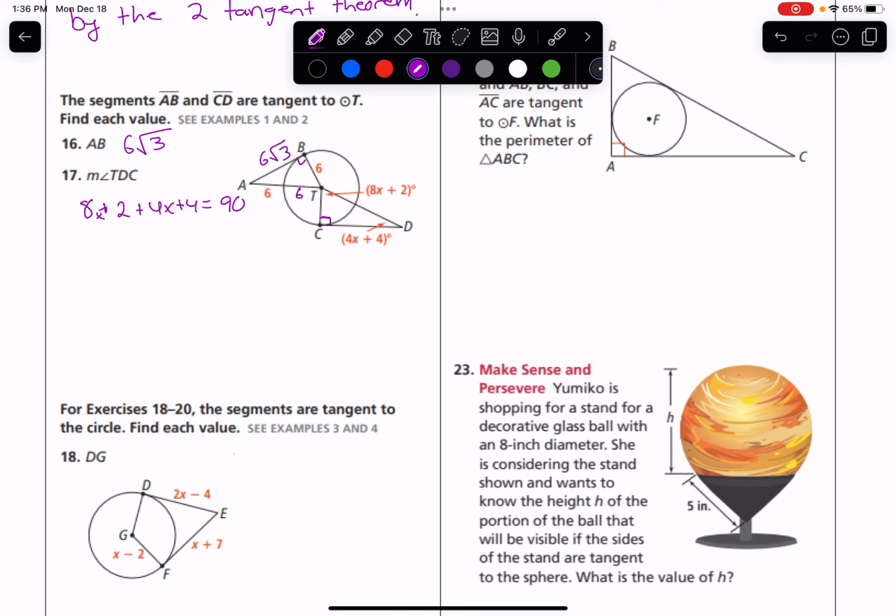So if you solve that, you've got 12x plus 6 equals 90, 12x equals 84, and x equals 7. Then we want to find the measure of angle TDC, which is the 4x plus 4. So we'll do 4 times 7 plus 4, which is 32 degrees. So the measure of angle TDC is 32 degrees.